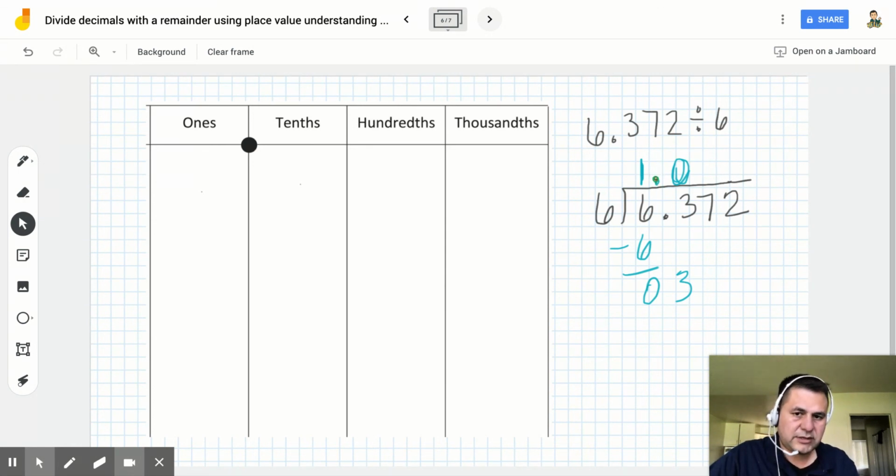We cannot do anything. What do we do? We're actually going to add now 7. We're gonna take this 3 that you had here, which cannot be divided evenly, and I'm gonna move it over to this side. Add the 7 hundredths that we have there. We have now 37 hundredths.